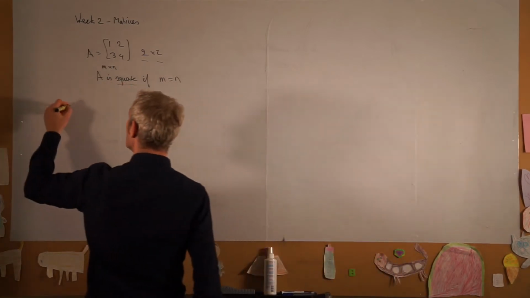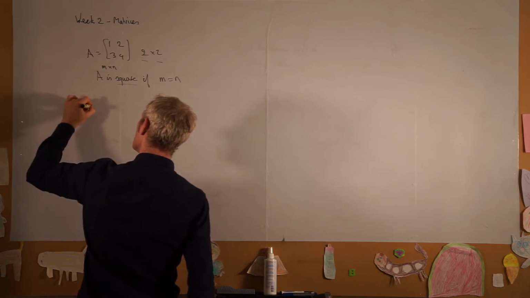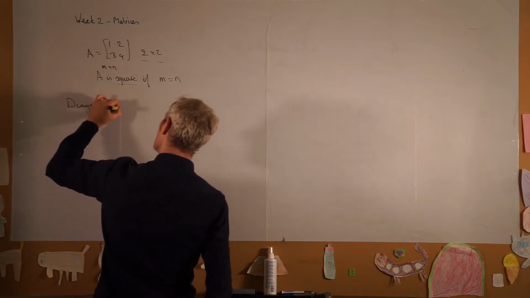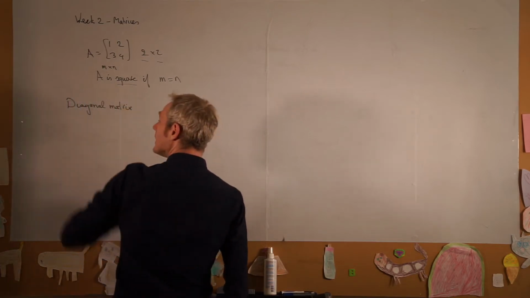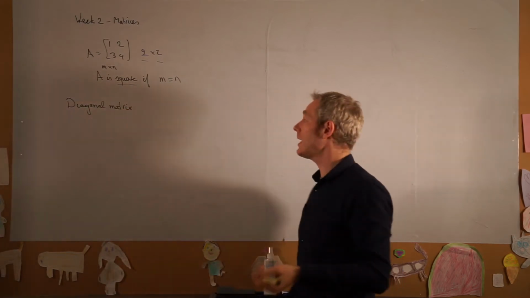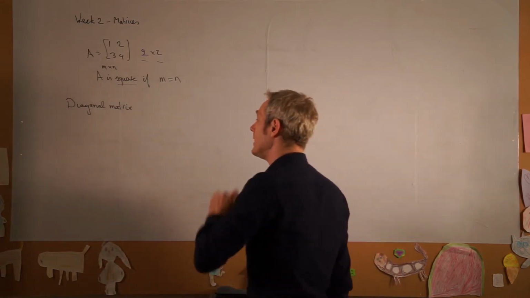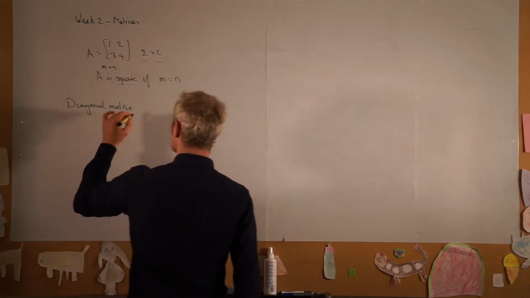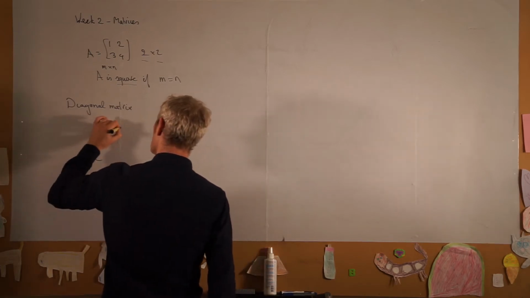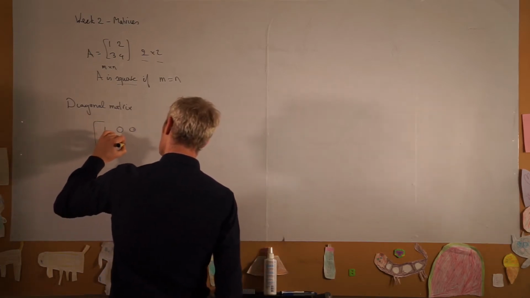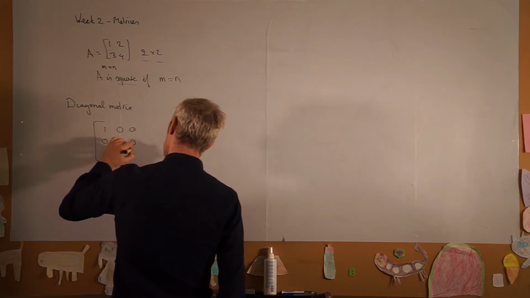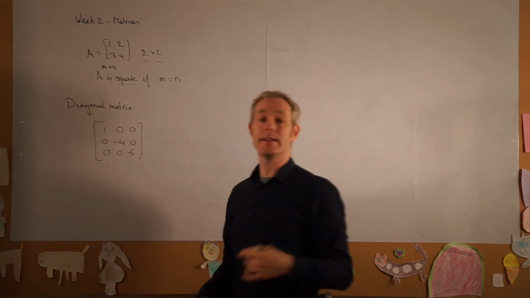We can have a diagonal matrix, and a diagonal matrix only has elements on the main diagonal. So for example, the matrix 1 0 0, 0 minus 4 0, 0 0 5 is a diagonal matrix.